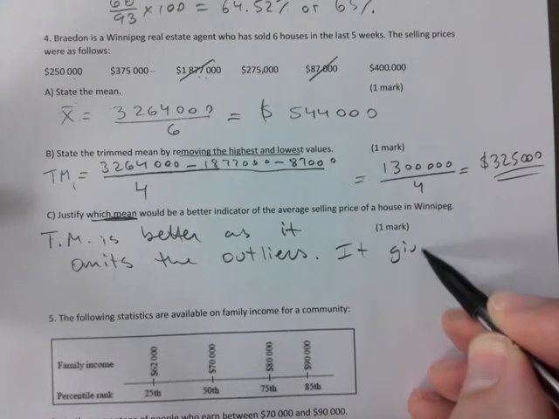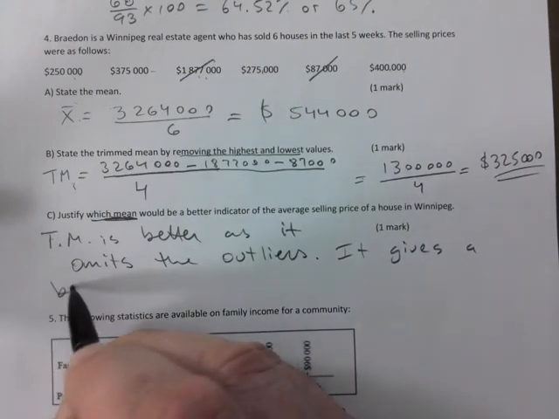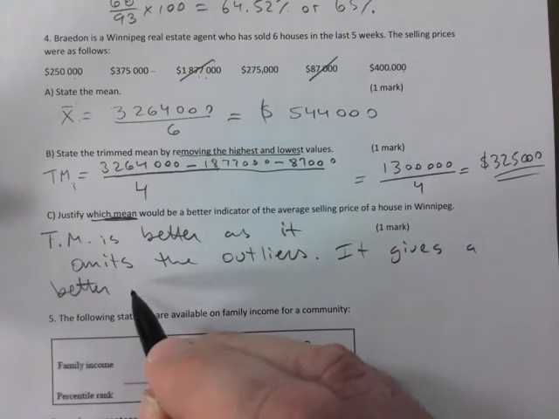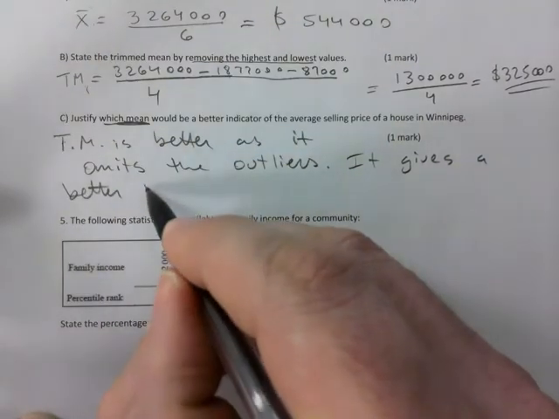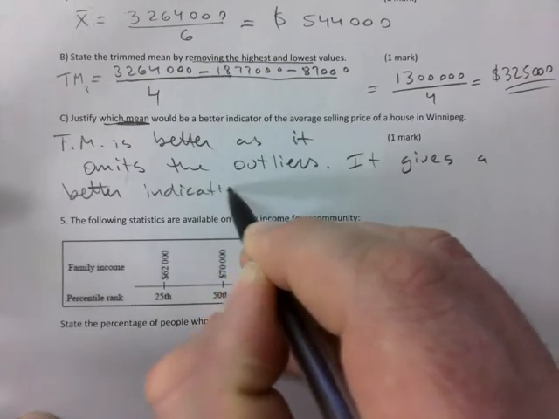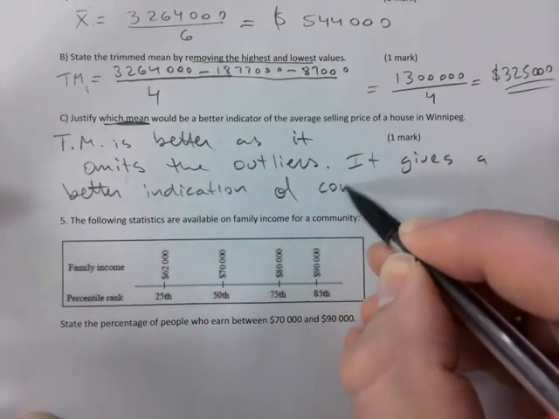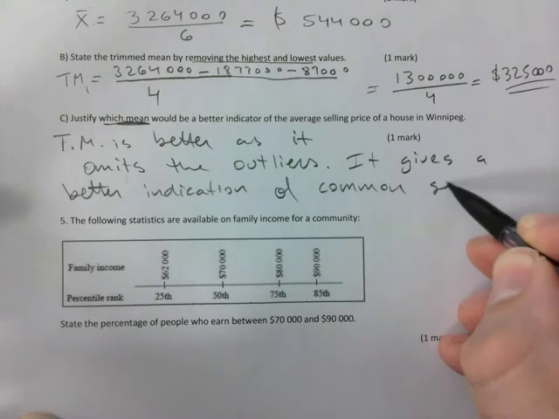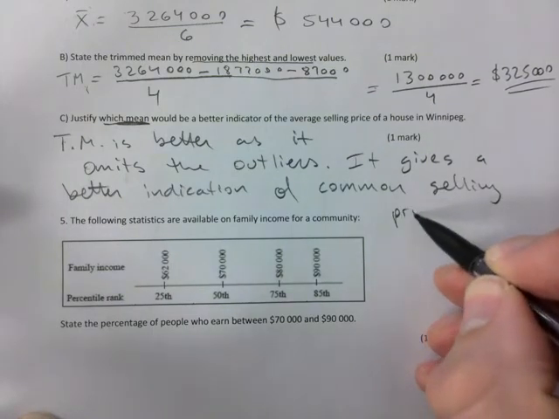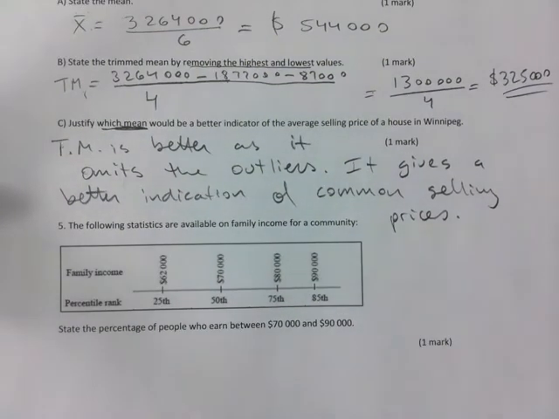It gives a better indication of common selling prices. You could say that the selling price is within a normal range, removing the higher and the lower value.